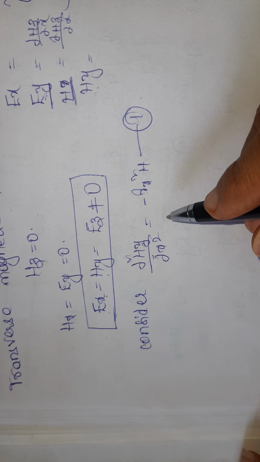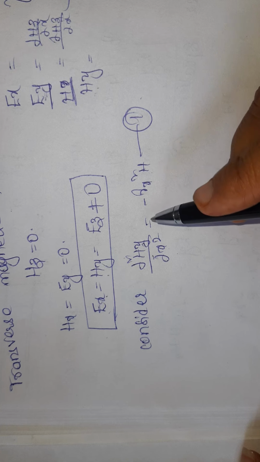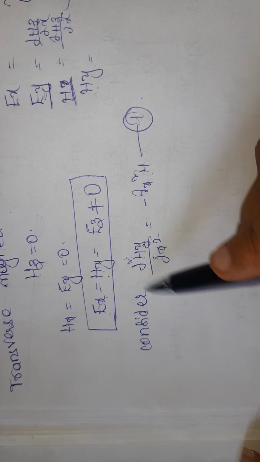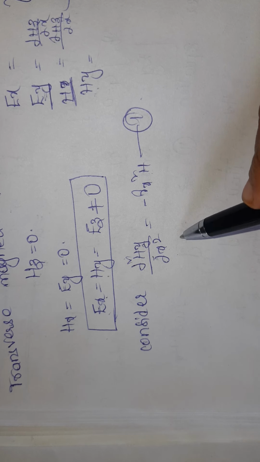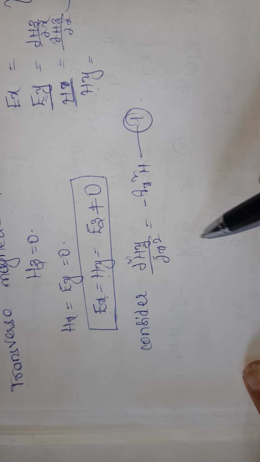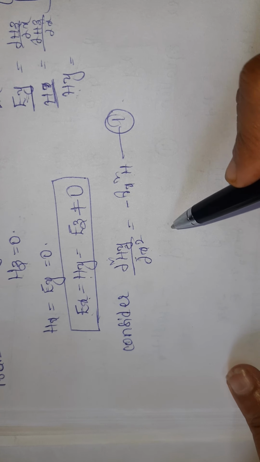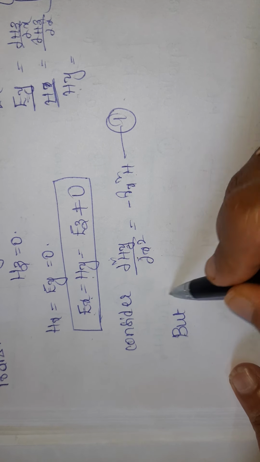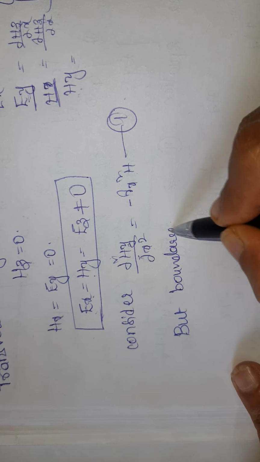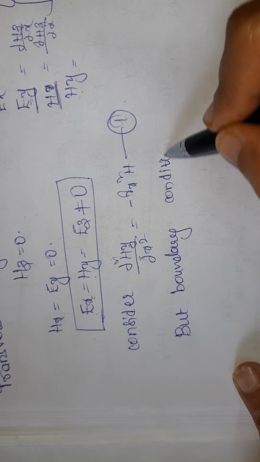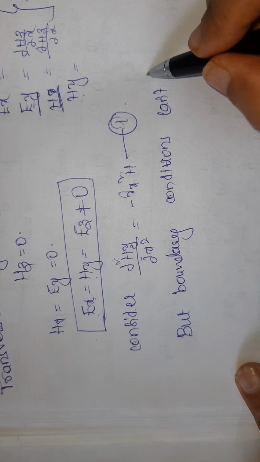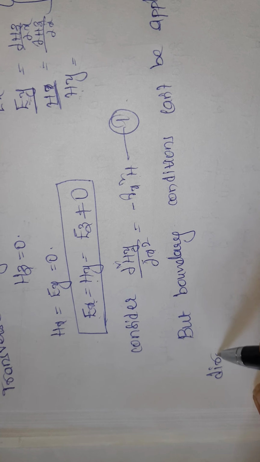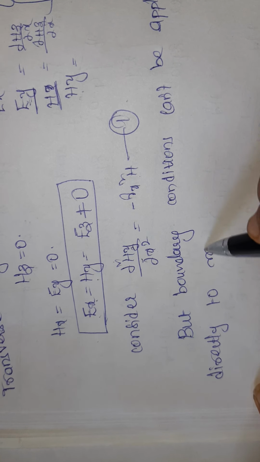Now what we did in the last session, we applied boundary conditions to the solution of the second order differential equation. But here the boundary conditions can't be applied directly to magnetic fields.